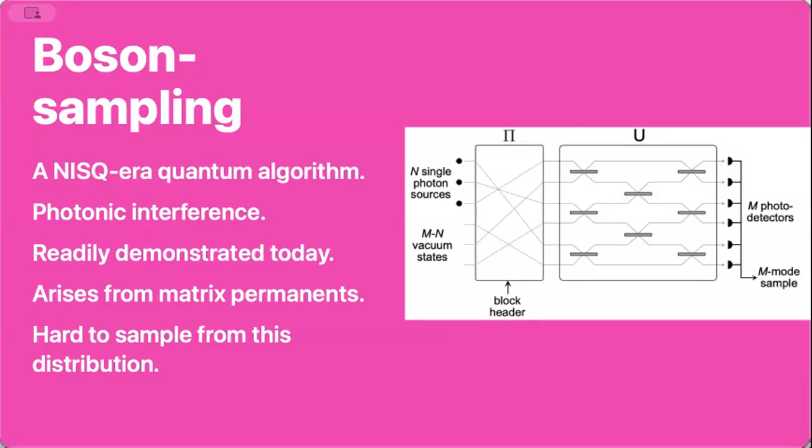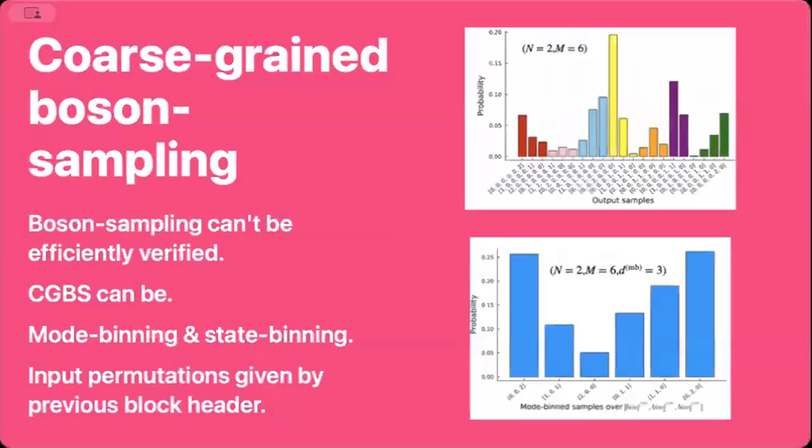And the reason for that is because the output probability distribution is related to what are called matrix permanents. These are a class of computational functions that are very, very hard to evaluate and require a lot of processing time. But in this implementation, if you build it quantum mechanically using real photons as opposed to a classical simulator, you can get tremendous quantum advantage.